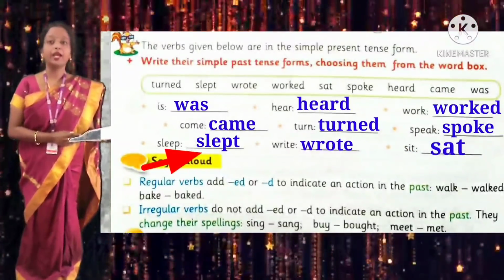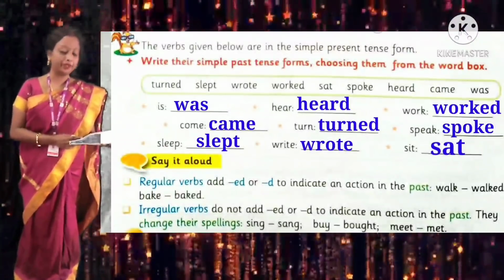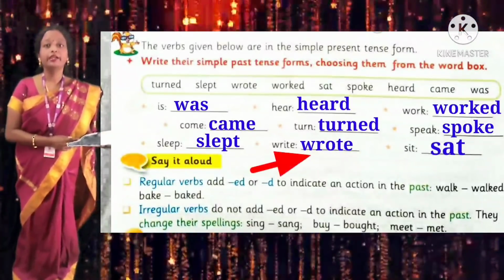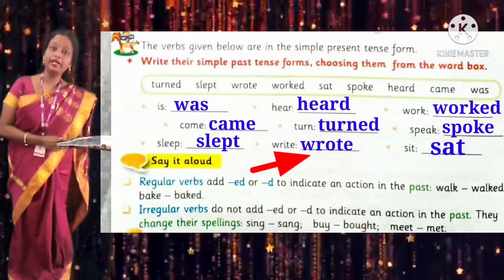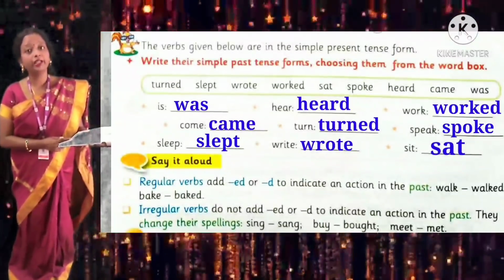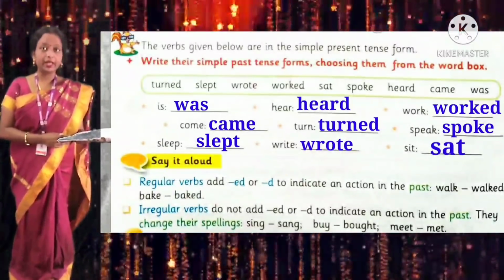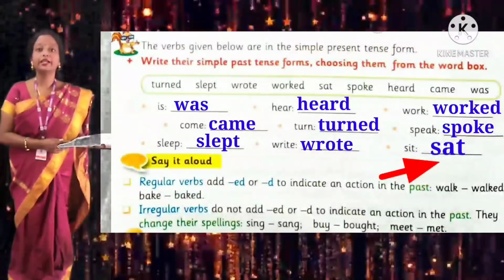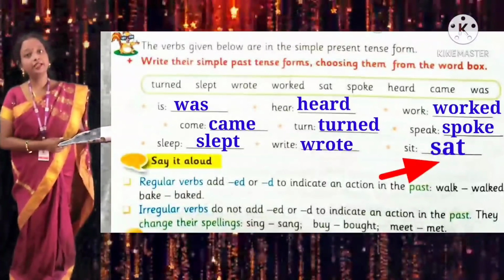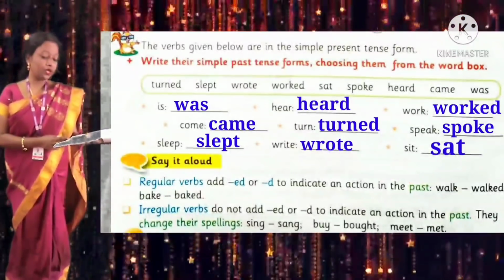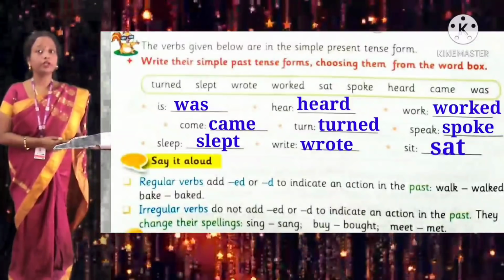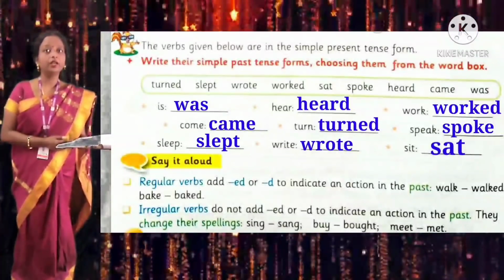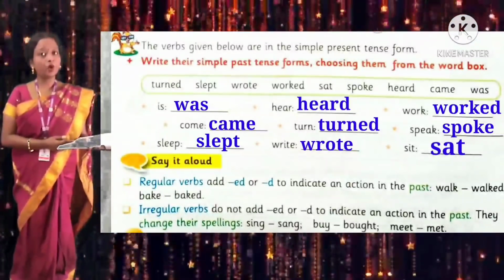S-L-E-P-T, slept. Write. W-R-I-T-E, write. W-R-O-T-E, wrote. Sit. S-I-T, sit. S-A-T, sat. Now, say it aloud. Now, children, what we have learned, we will be having a small recap.